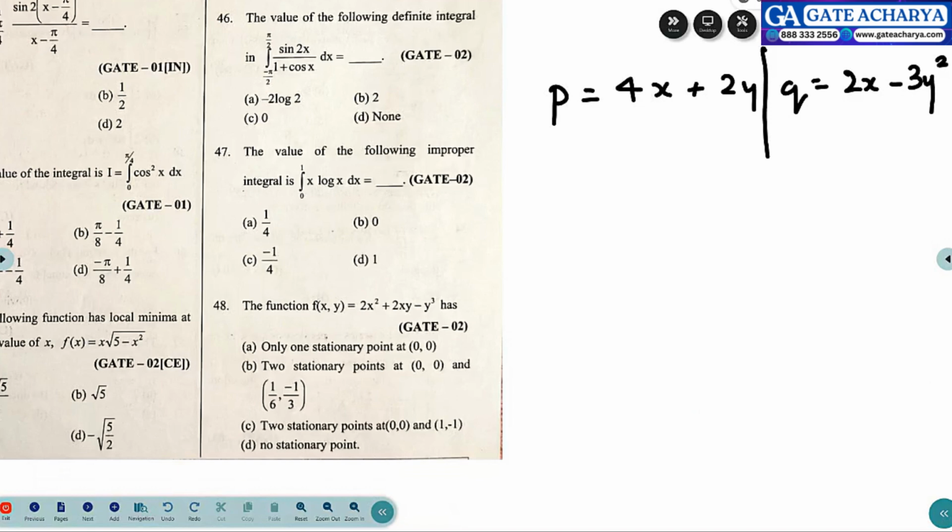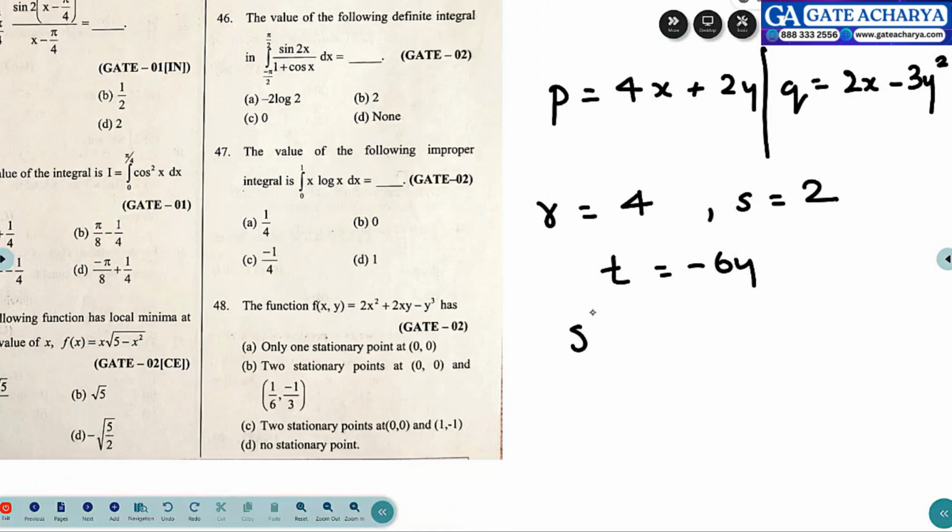0, 0. So now let's directly jump to R. What is R going to be? Take the derivative of P with respect to x. What is that? 4. S is what? 2. T is what? Take this derivative with respect to y. So minus 6y.